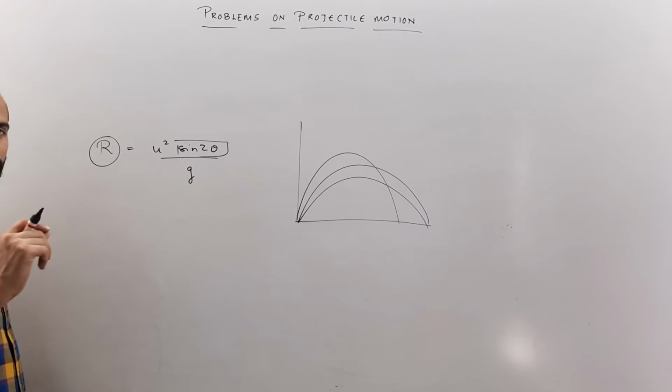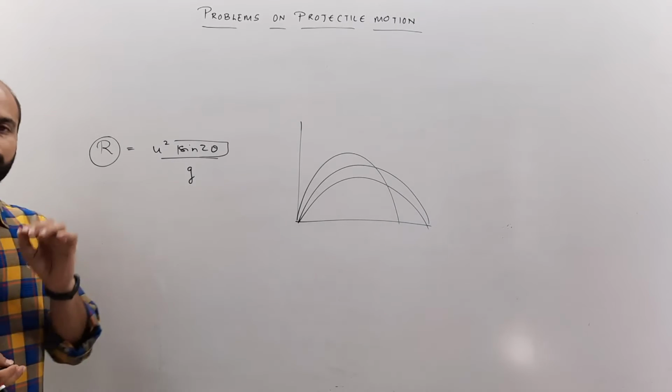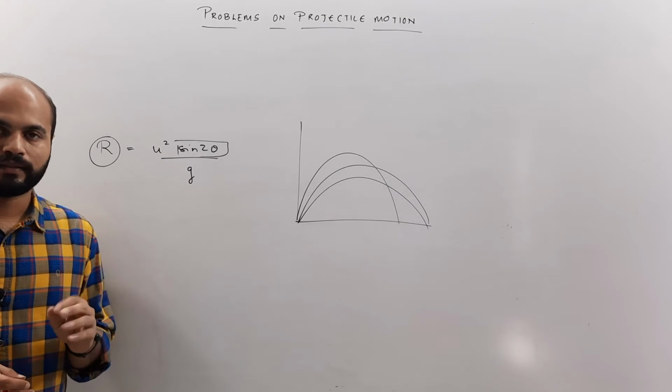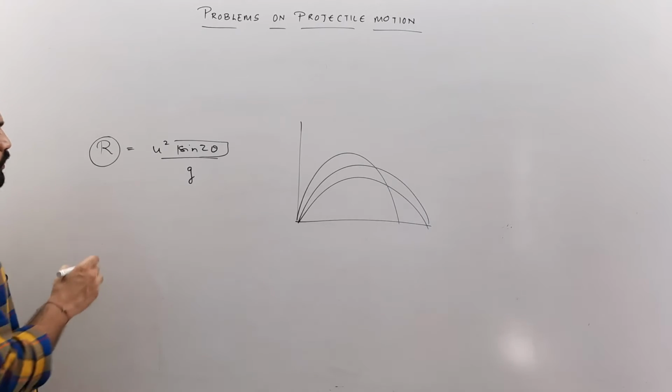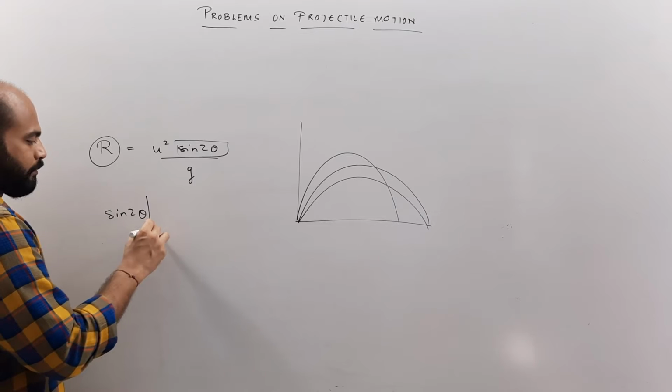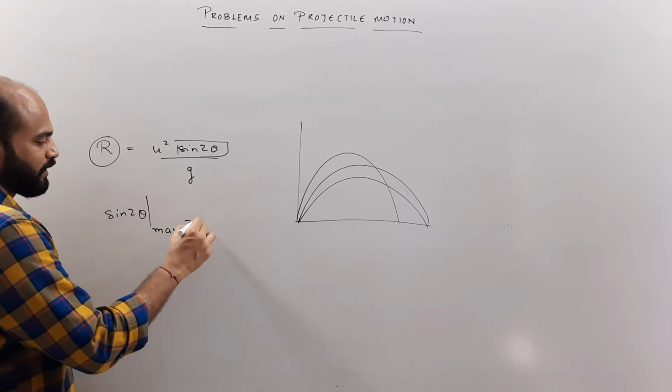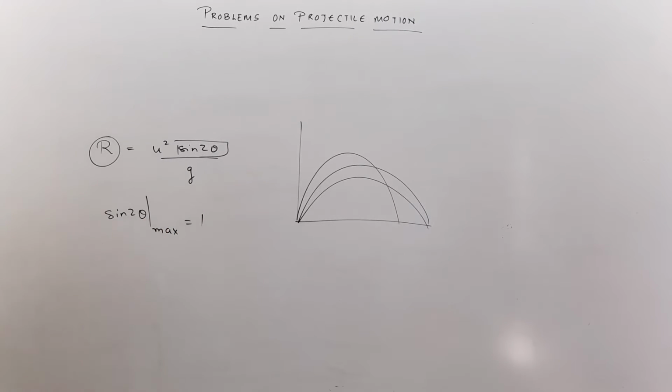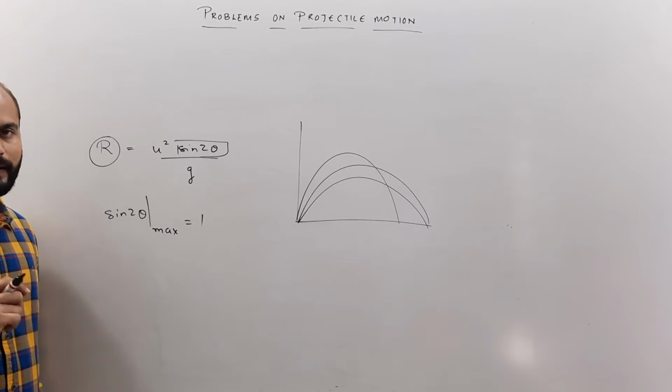Now the maximum value of sine theta or sine 2 theta or sine 4 theta, basically the maximum value of the function sine x, is 1. So the maximum value of this is 1. Now we know that sine theta becomes 1 when theta is 90 degrees.